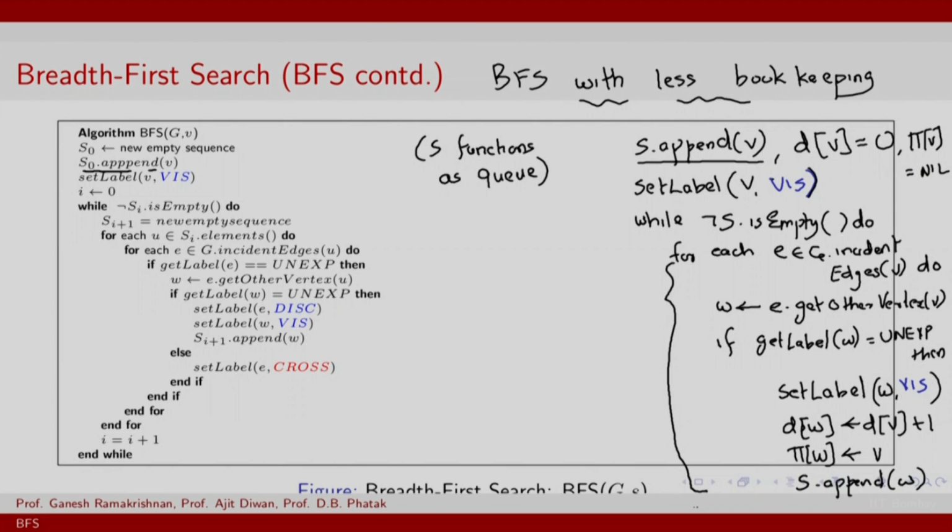So this we do by introducing a new label and stating the following: set label of V not to visited but to explored. This was a label that we have to explicitly introduce because we are managing now with one queue. So this explored is a new label.